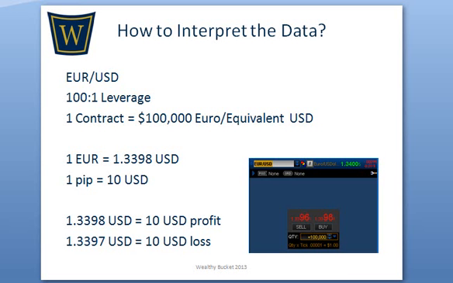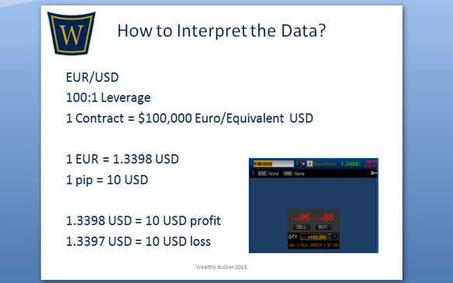Since the investor is using leverage of 100 to 1, then the investor would only be required to invest 1,000 euros to control one contract. For every point or pip that the investor is correct, then a 10 US dollar profit is received. For every point or pip the investor is wrong, then a $10 US loss is received.